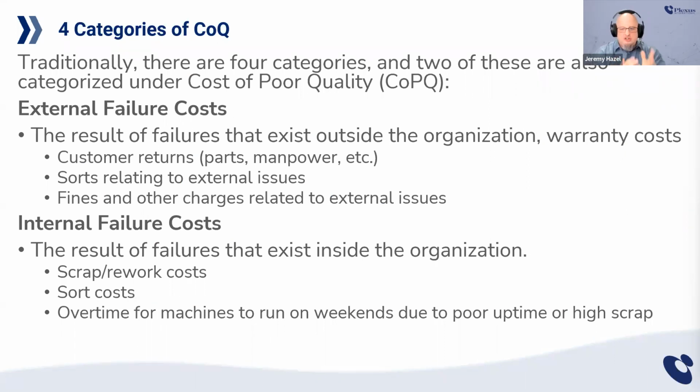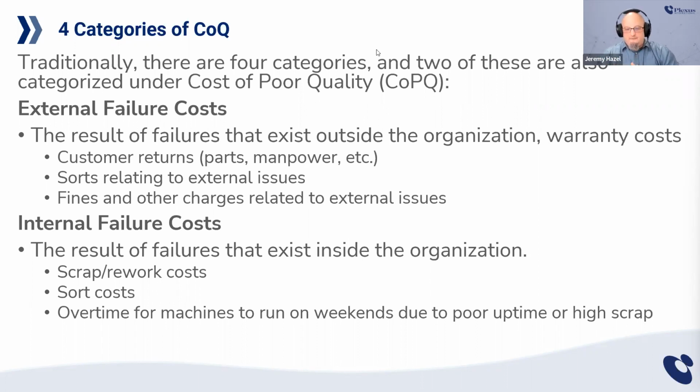Now, before I say traditional 4 categories, traditionally, the academics can largely agree. Now, notice how many wiggle words there were in there. Traditionally, largely, agree. Notice I didn't say perfect agreement. The academics can largely agree that when it comes to cost of quality, there are 4 distinct categories.